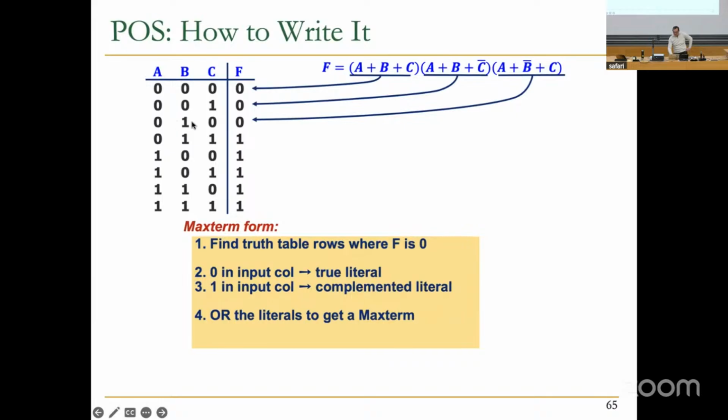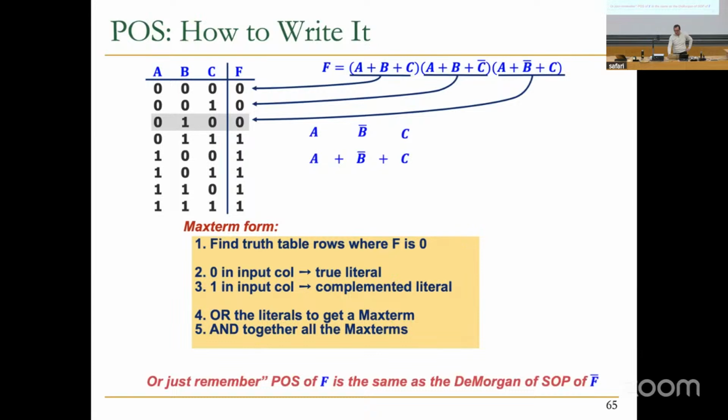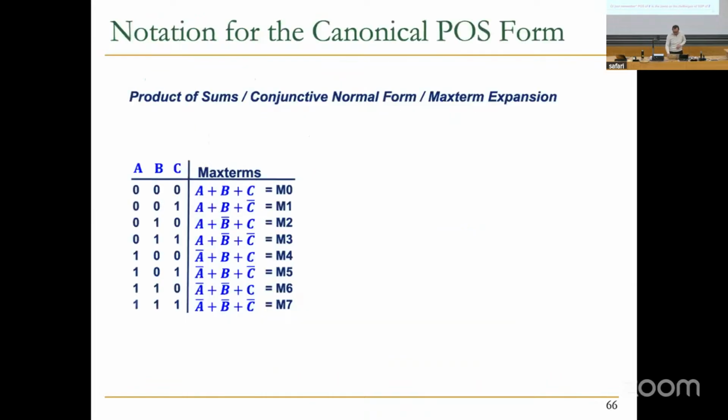You do A, B bar, C, and you OR them. Okay, that's the max term. And you add together all the max terms for which the function is 0. Okay, that's how you get it, which is very simple, hopefully. Or you just remember, you do the product sum of products and get the De Morgan of SOP of F prime, which is not how I would do it.